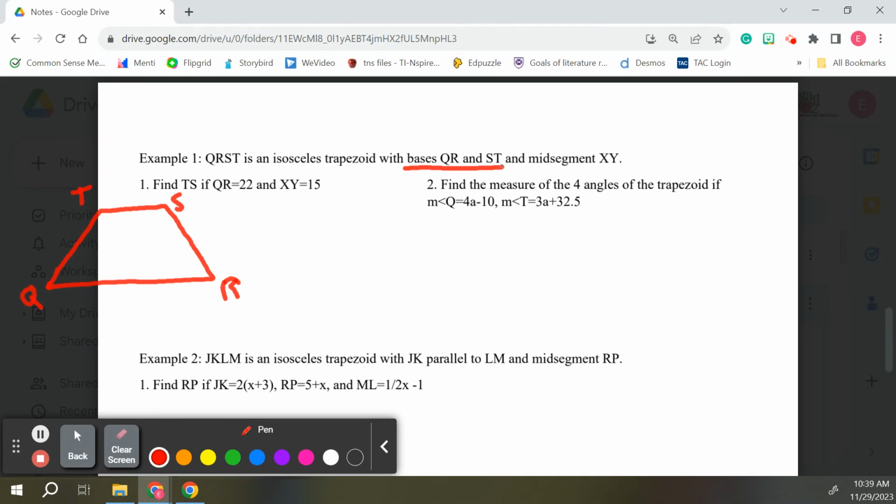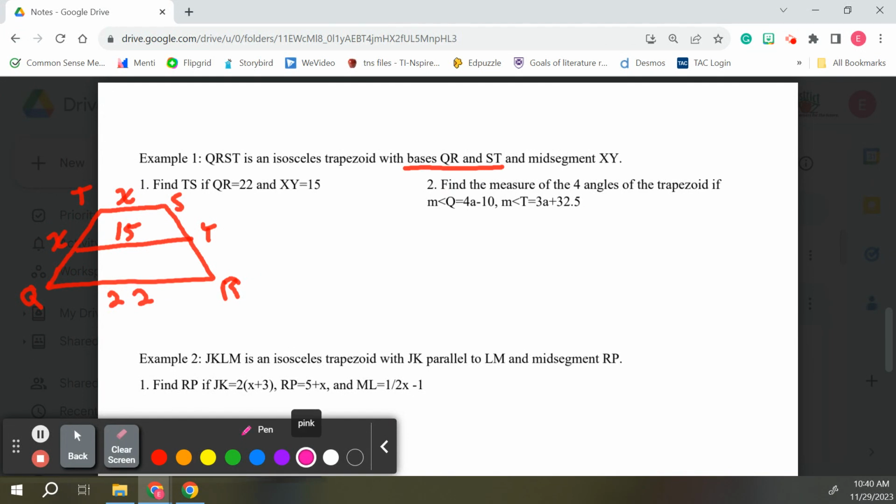And then they're telling us I have this mid-segment, which they call XY. Now they're saying QR is 22 and XY is 15. We do not know what TS is. Now remember, this is just a picture. These two could potentially be flip-flopped also. We don't know, but it's just a picture to give us an idea of what lands where.